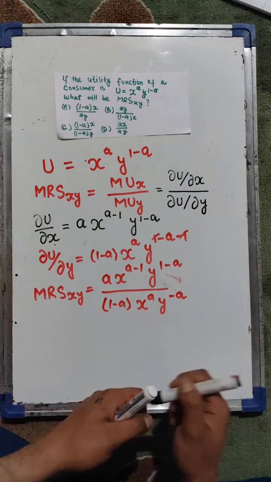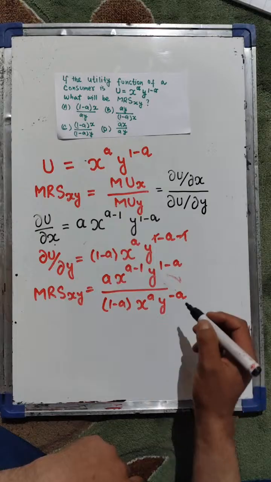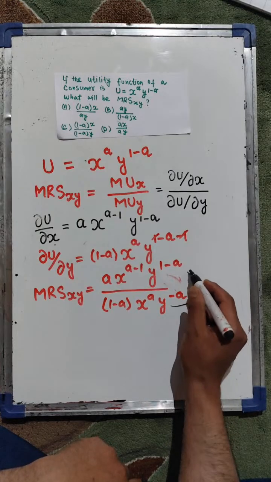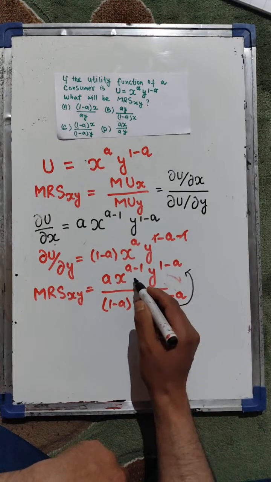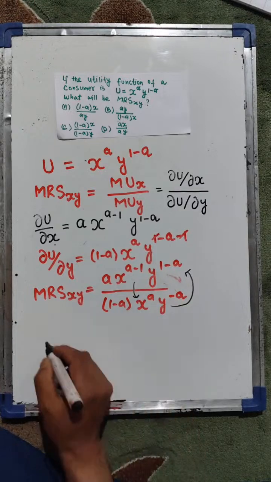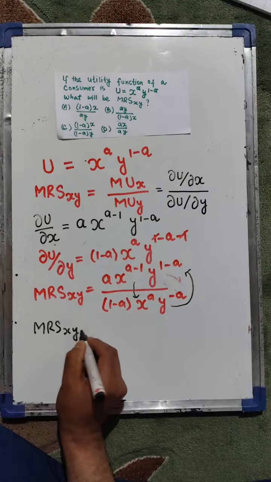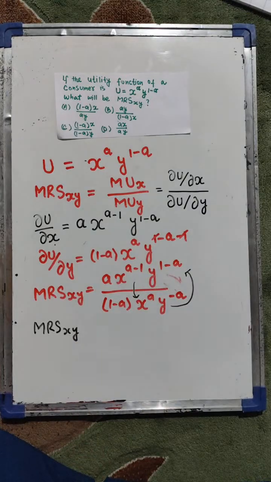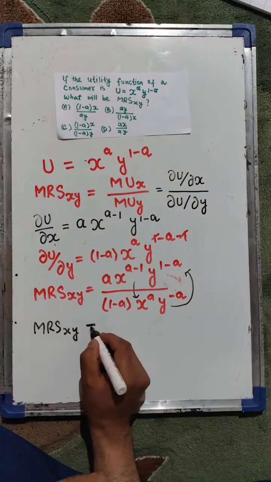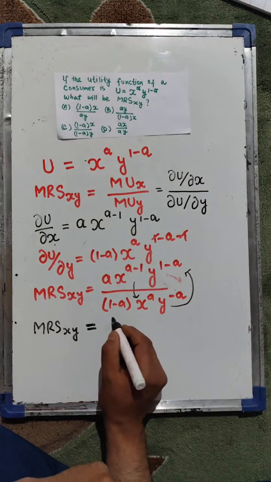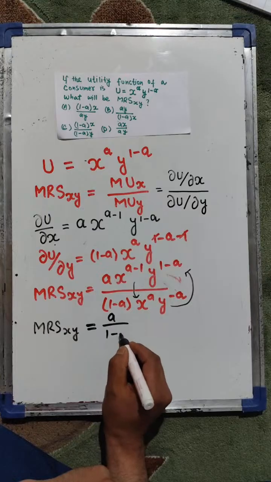Let us do one thing. Let us transpose this y to the numerator and this x to the denominator. So the marginal rate of substitution between x and y will be equal to a divided by 1 minus a.